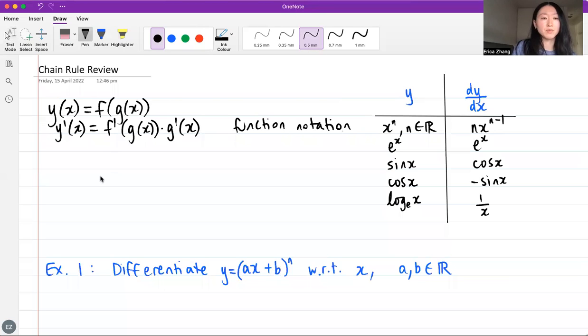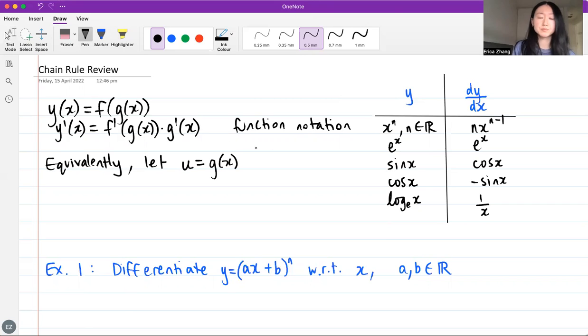And often we prefer to use Leibniz notation, which makes it a little bit more explicit what we're actually doing. So equivalently, if we let u equal g of x, then taking the derivative of both sides, we get du dx is equal to g prime of x.